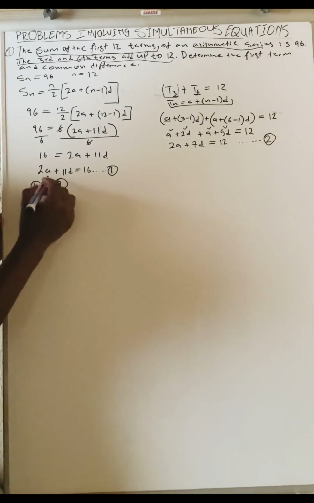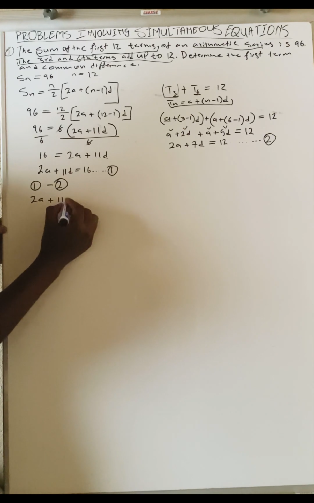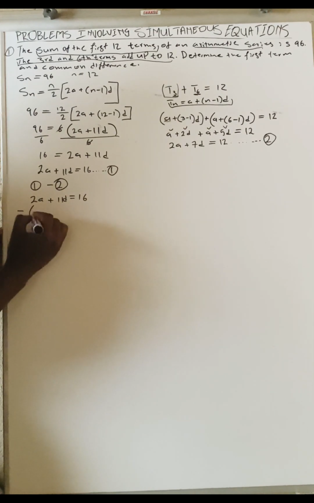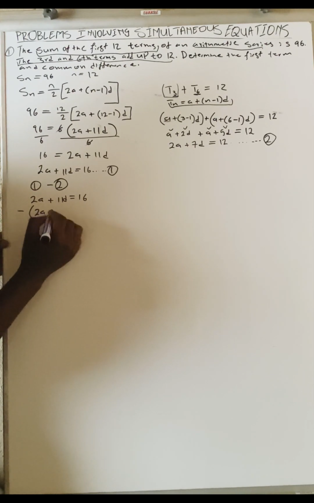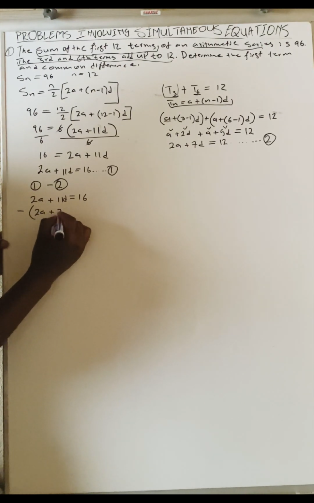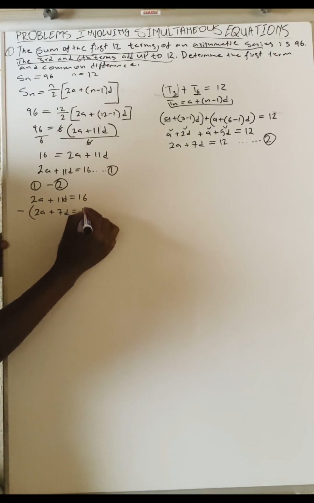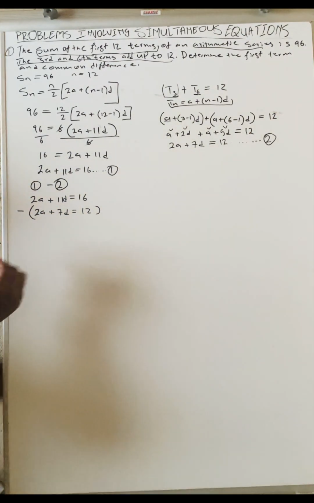We write our equation 1: 2A plus 11d is equal to 16. Then here, don't forget to write subtraction, and in brackets you write this formula: 2A plus 7d is equal to 12, which is equation 2.